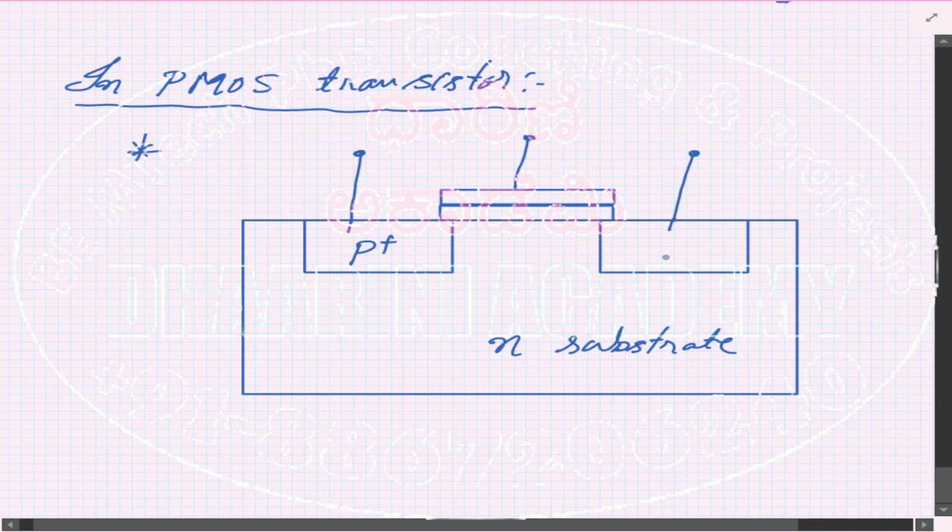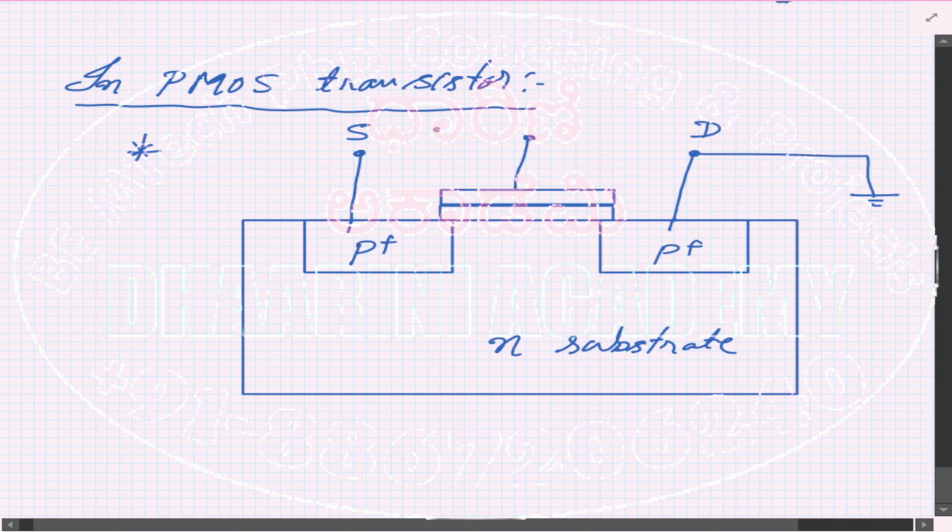Previously we had N plus for the N MOSFET, now for the PMOS, this is P plus, P plus. As usual, this is source, this is drain. Now we need to reverse the polarity. The drain is connected to the lower voltage. Previously the drain was at high voltage, now the drain is connected to ground.